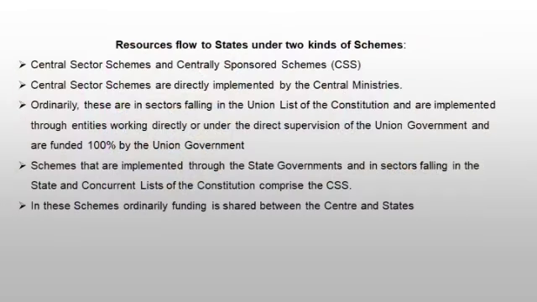The money transfer from the center to states is in 3 methods. One is constitutional devolution, which is the task of the finance commission, from the shareable taxes. Other than this, the states receive funds from the center through 2 different types of schemes, which we will see in the slide.